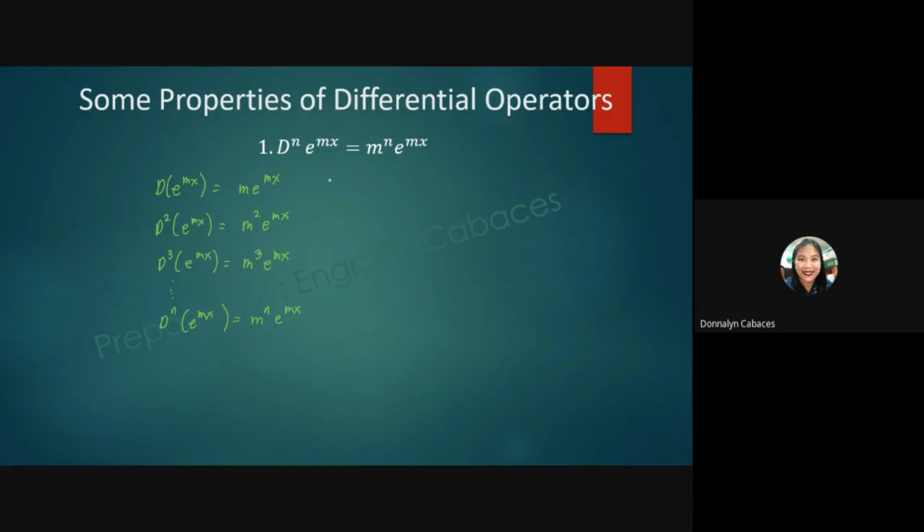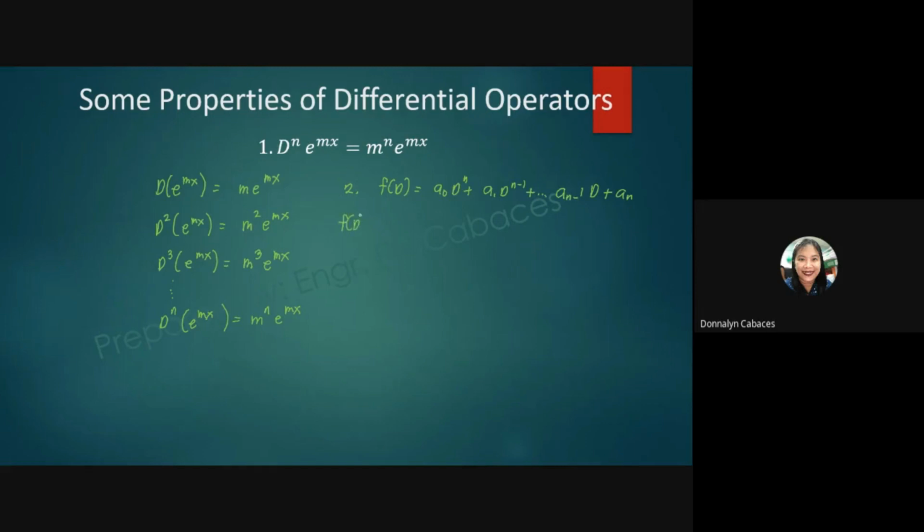Number two property actually is if you have a polynomial function of the differential operator d, f of d, to be equal to a0 d to the n plus a1 d to the n minus 1 plus up to a sub n minus 1 d plus a sub n. If we apply e to the mx to this, what will happen?